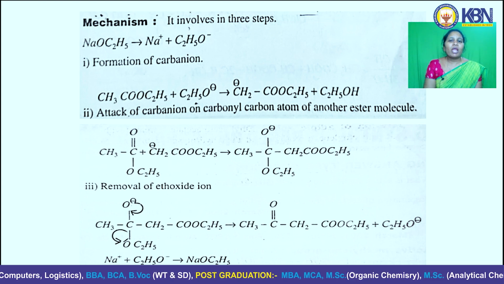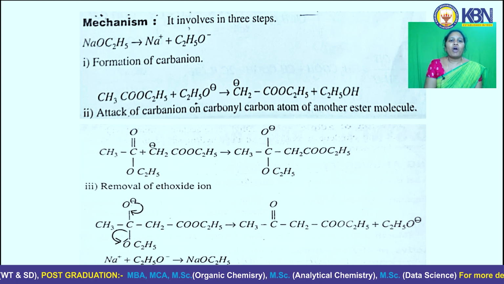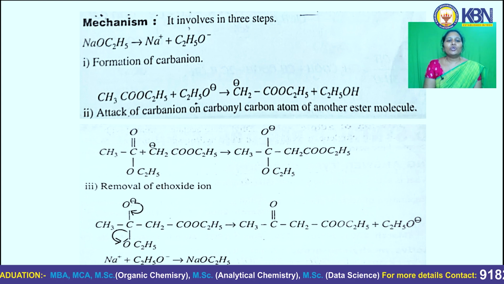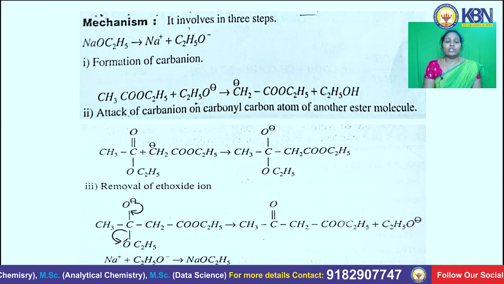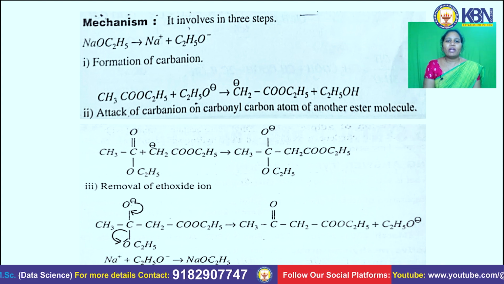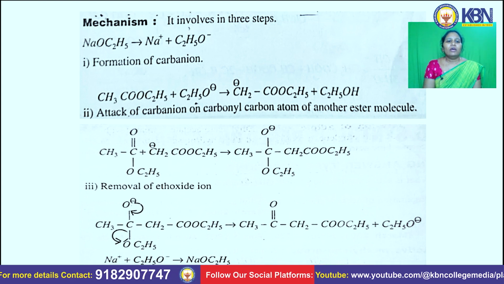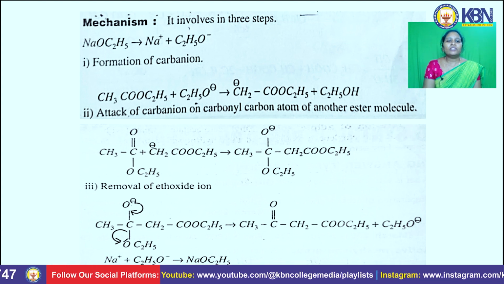So this mechanism mainly involves three steps. The first step is the formation of a carbanion. In the first step, the ethoxide ion, which is generated during the start of the reaction, that is C2H5O minus, abstracts the H plus ion from one ester molecule, CH3COOC2H5, and forms a carbanion, CH2 minus COOC2H5, with the elimination of alcohol.